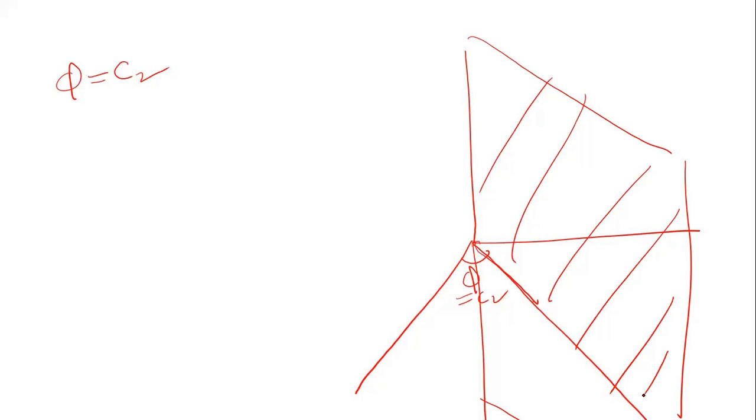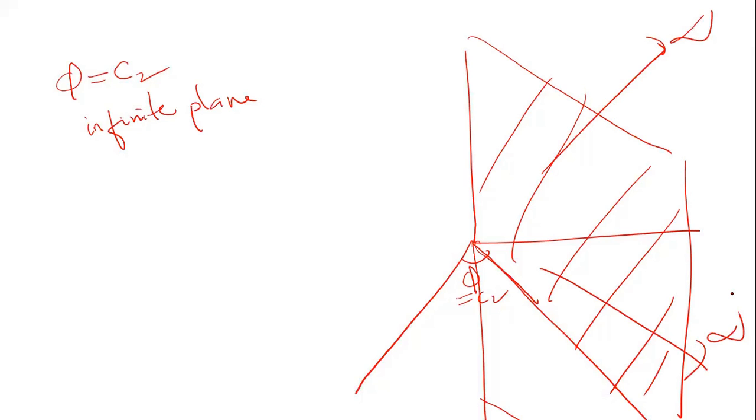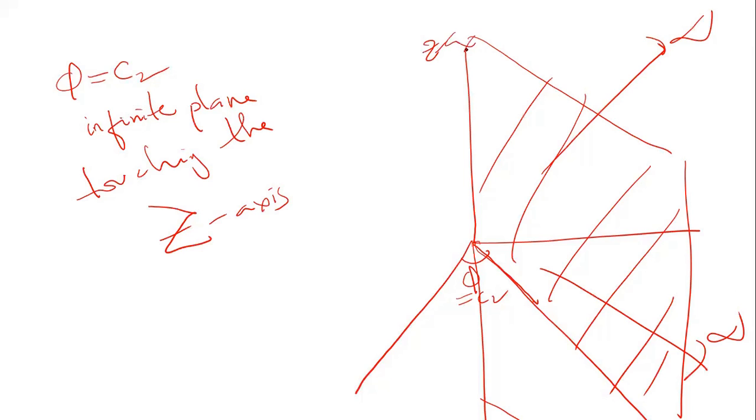So if you fix the value of phi, you will get an infinite plane extending up to infinity, touching the z-axis. So you have this z-axis. If you fix the value of phi at a certain constant, you will get an infinite plane touching the z-axis.